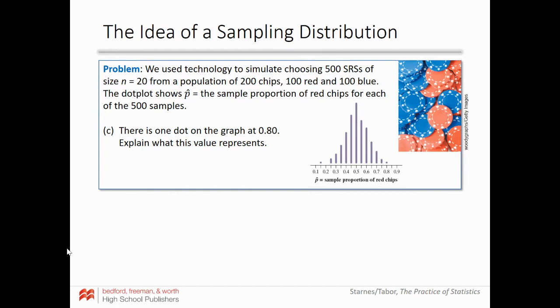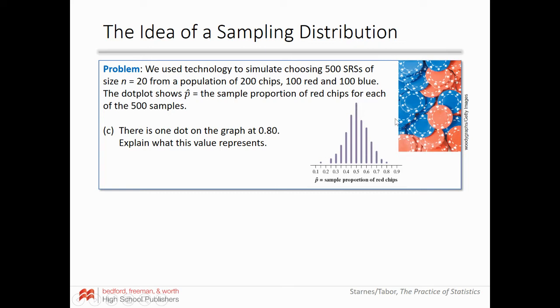So instead, we are going to use technology to simulate choosing 500 SRSs of size 20 from a population of 200 chips, 100 red, 100 blue. Now the dot plot shows p-hats. They show individual sample proportions of red chips from the 500 samples. So each dot you see here is one sample proportion.